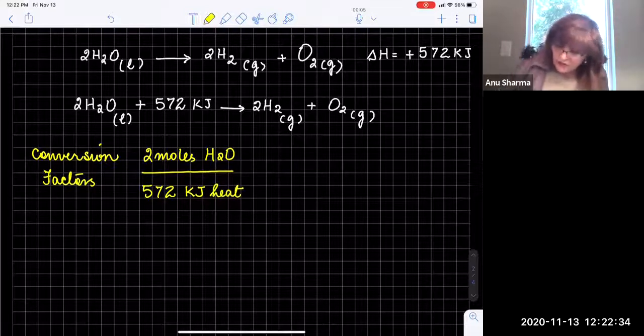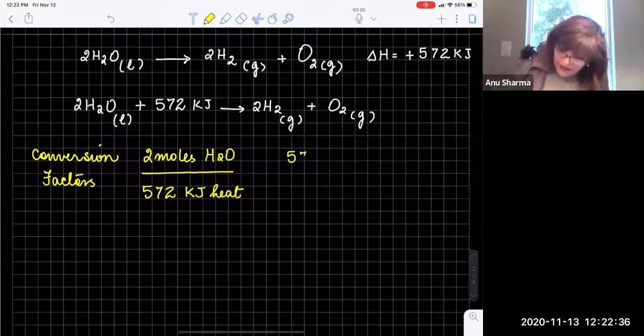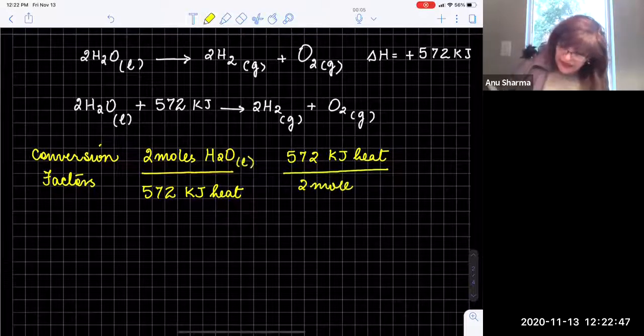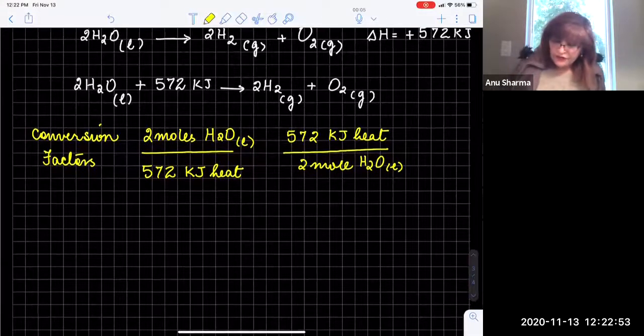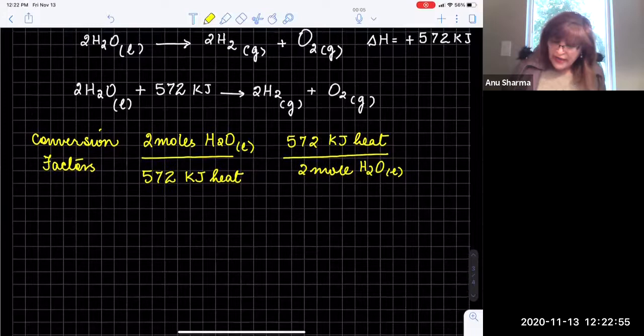Another conversion factor is 572 kilojoules of heat over 2 moles of water, and this water is in a liquid state. So these are 2 conversion factors when you compare water and the heat.